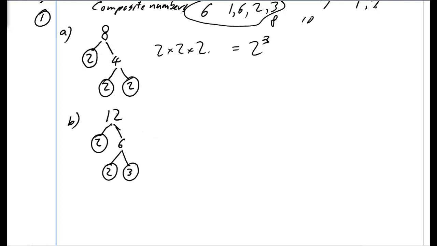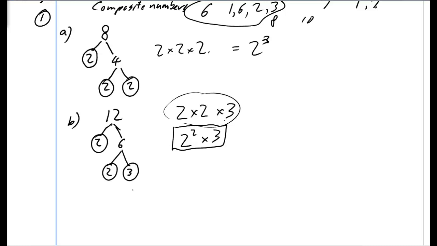So 12 is equal to 2 times 2 times 3. So here's the prime factors of 12, and the product of these prime factors gives you 12. Now, to write it in index form, 2 times 2 is 2 squared times 3. So this is the index form of this number here.